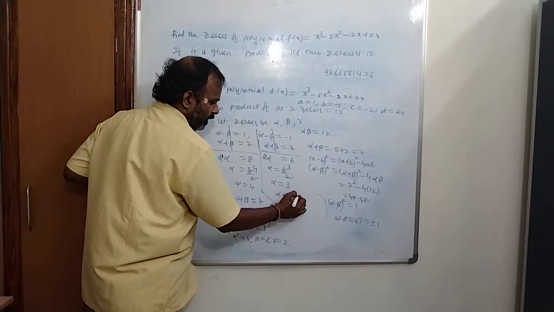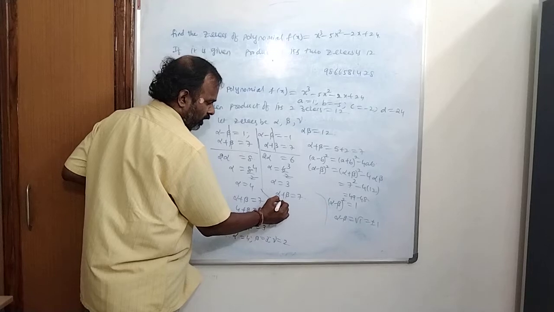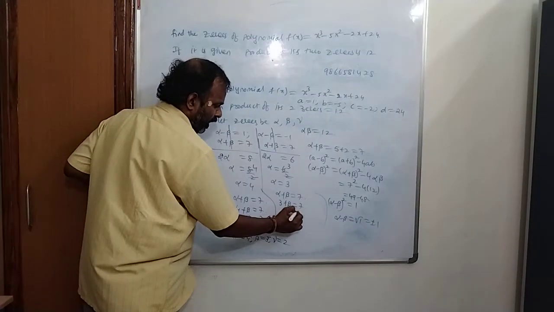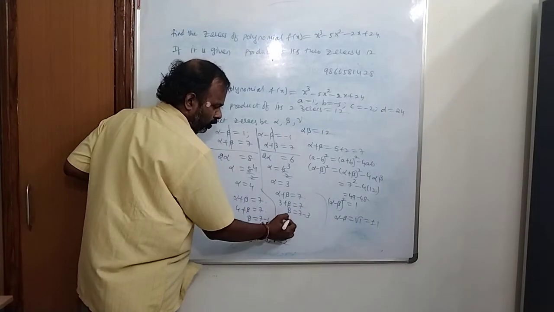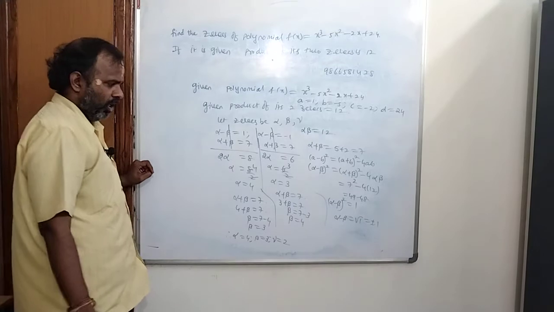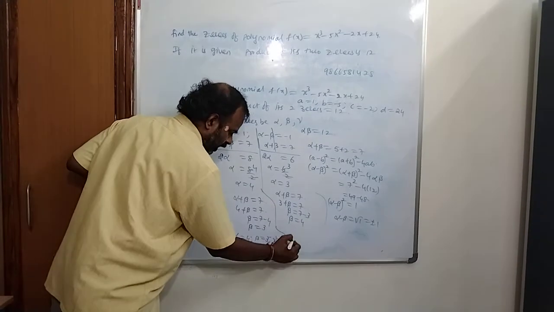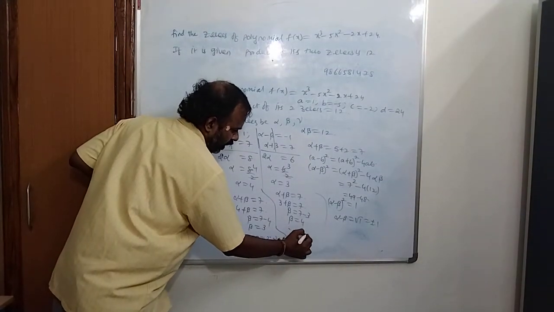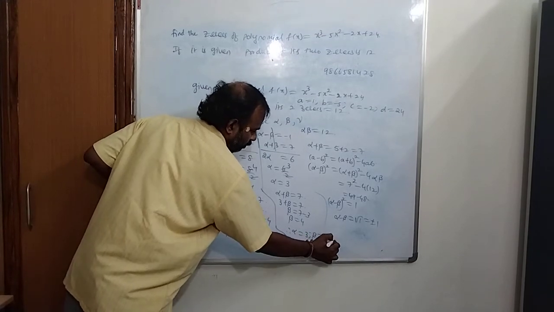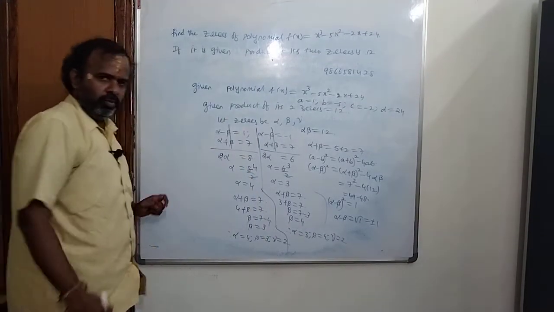Alpha plus beta is equals to 7. 3 plus beta is equals to 7. Beta is equals to 7 minus 3. Beta is equals to 4. So here therefore alpha is equal to 3, beta is equals to 4, gamma is equals to 2.